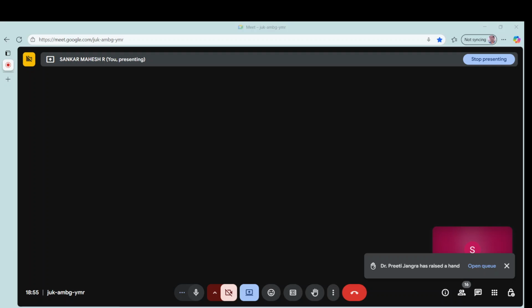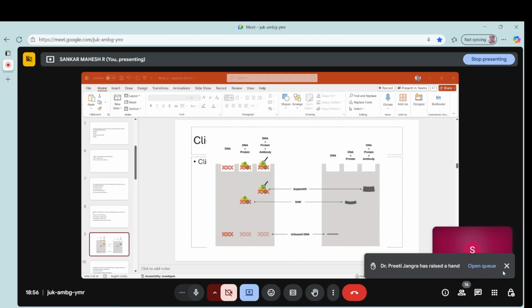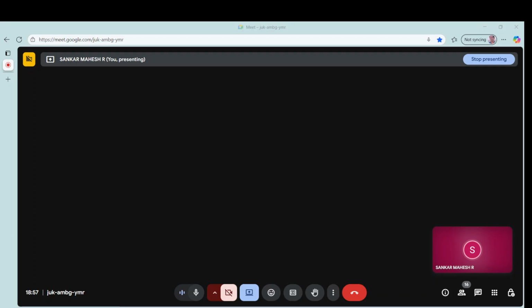Was it clear or shall I explain that again? Sir, once again. Yeah, sure. I think you understood that when you add antibody, it is heavier, it will not move faster, so you have a super shift.